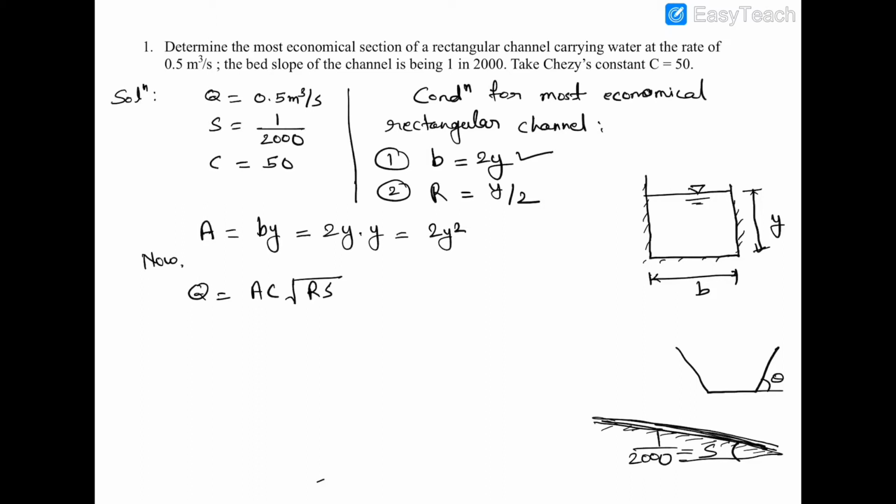What is discharge? Discharge is 0.5 meter cube per second. Area of flow is 2y square. C is 50. R is, for most economical section, the hydraulic mean depth, half of the depth of flow, y by 2, multiplied by S, which is 1 by 2000.